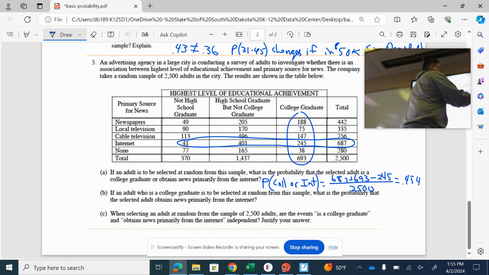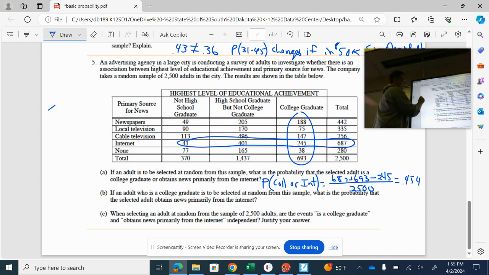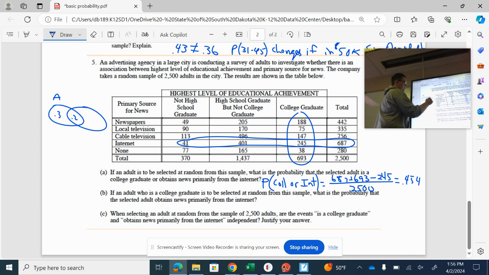We did several of these. You can kind of see the Venn diagram here. The whole idea of a Venn diagram is A is this whole circle. So if we had like 0.3, 0.2, and 0.1, we say what's the probability of A or B? That would be the probability of A, which is 50%, that's this whole circle, plus the probability of B, which is 30%, which is this whole circle or oval.